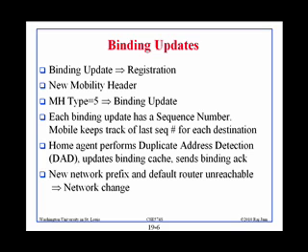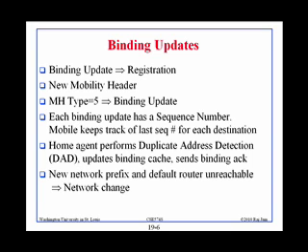And then second thing is no network entry, new network prefix, and default router unreachable. So basically what happens is when you move, your host part remains the same, but you get a new network prefix. Because you are in a new network, right? The network prefix has changed, and that becomes your care of address.